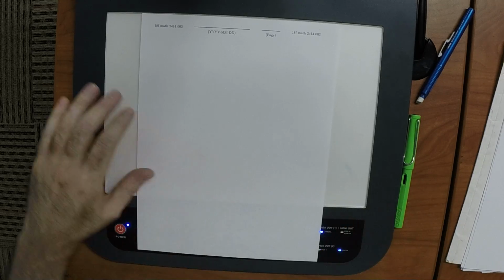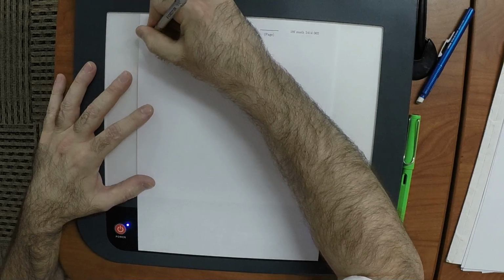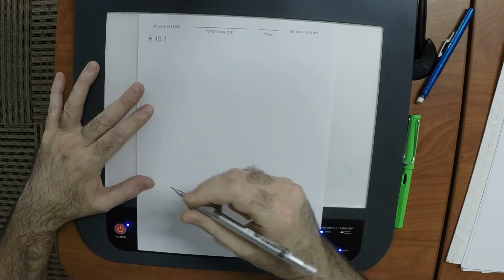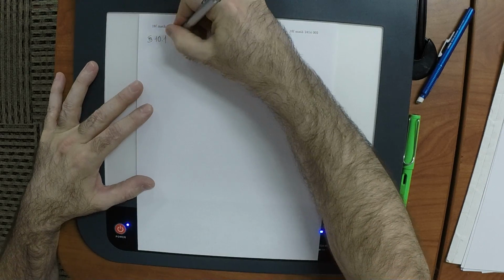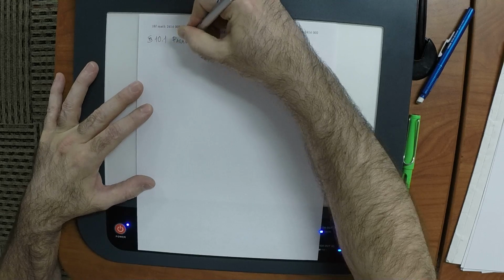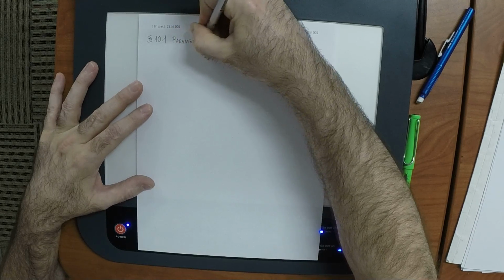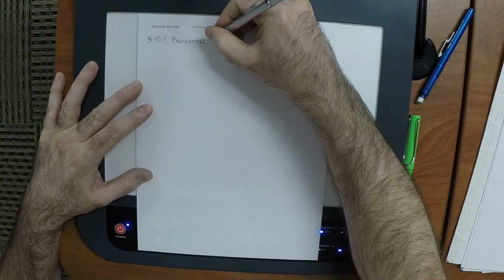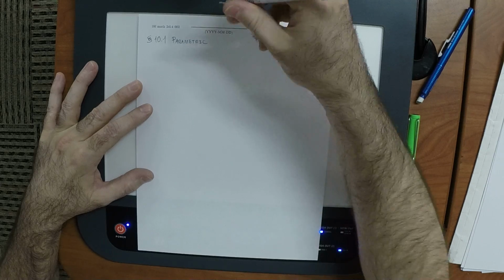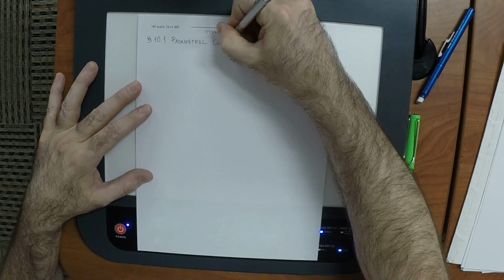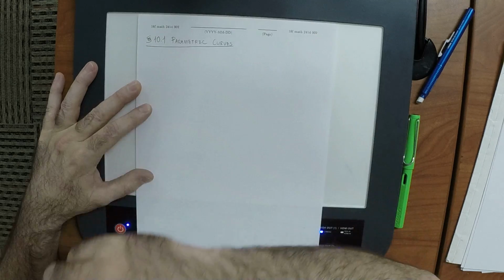So now we're in section 10.1. Parametric equations. Parametric curves. All right.